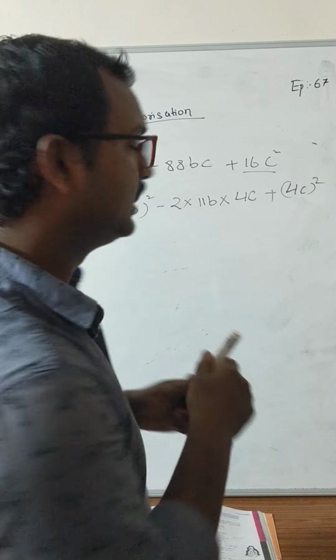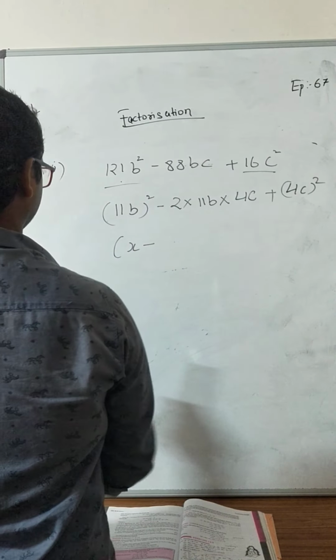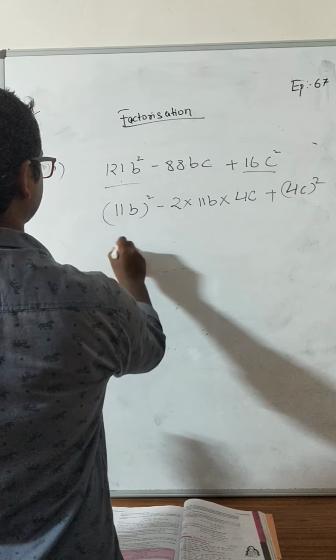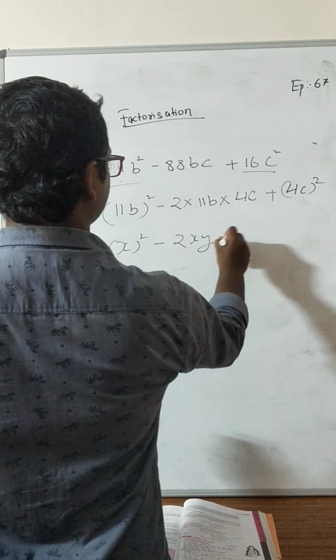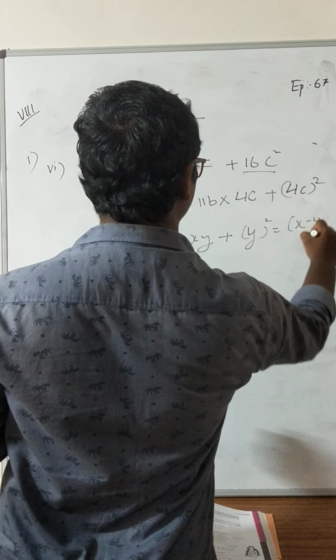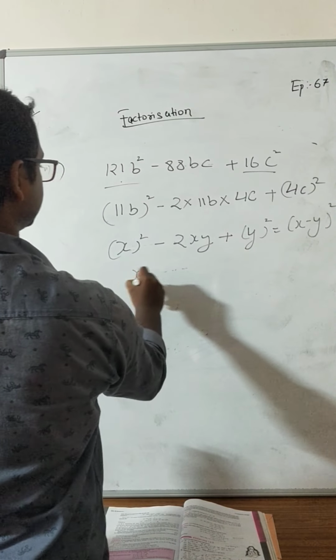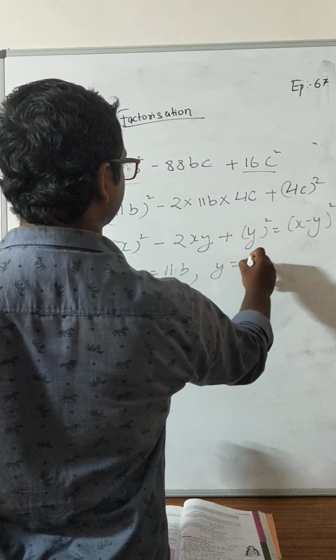To avoid that, simply use x and y: x square minus 2xy plus y square can be written as x minus y whole square, where x is 11b and y is 4c.